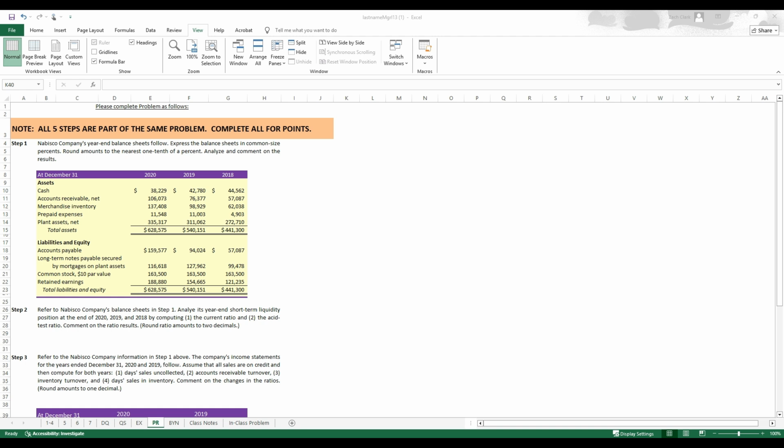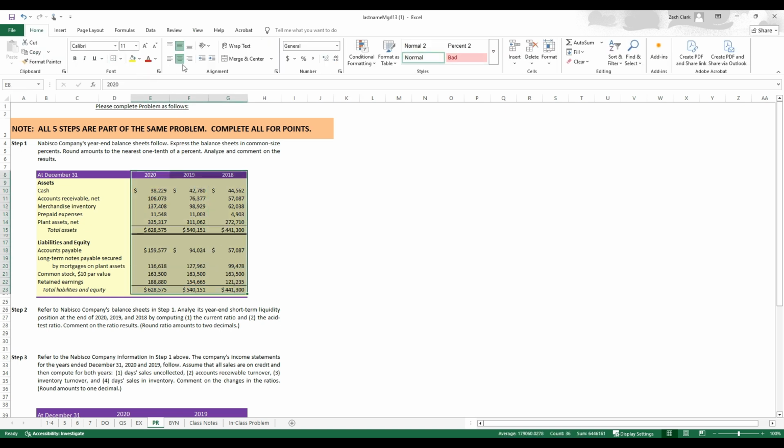So we've got Nabisco Company's year-end balance sheet, and we first want to express the balance sheets in common size percents and round amounts to the nearest 1/10 of 8%, analyze and comment on the results.